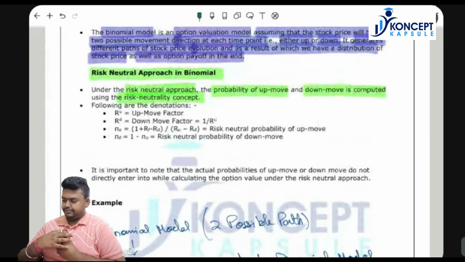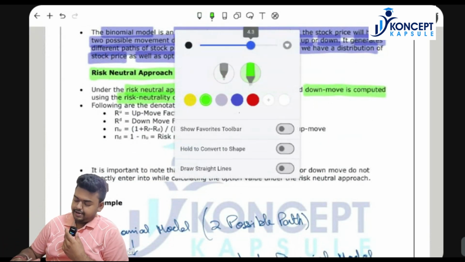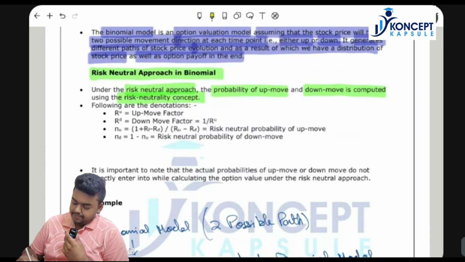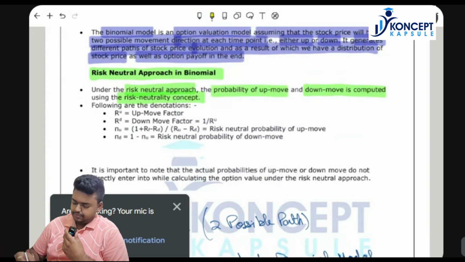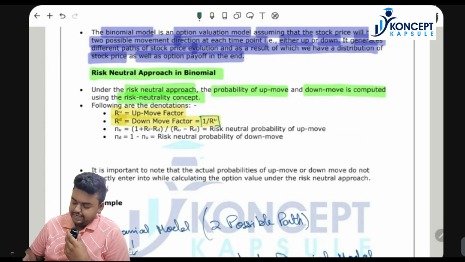So let us see what it is saying. It has a certain denotation. Ru is the up move factor, Rd is the down move factor. In various situations where Rd is not given, 1 by the up move factor is considered to be the down move factor.